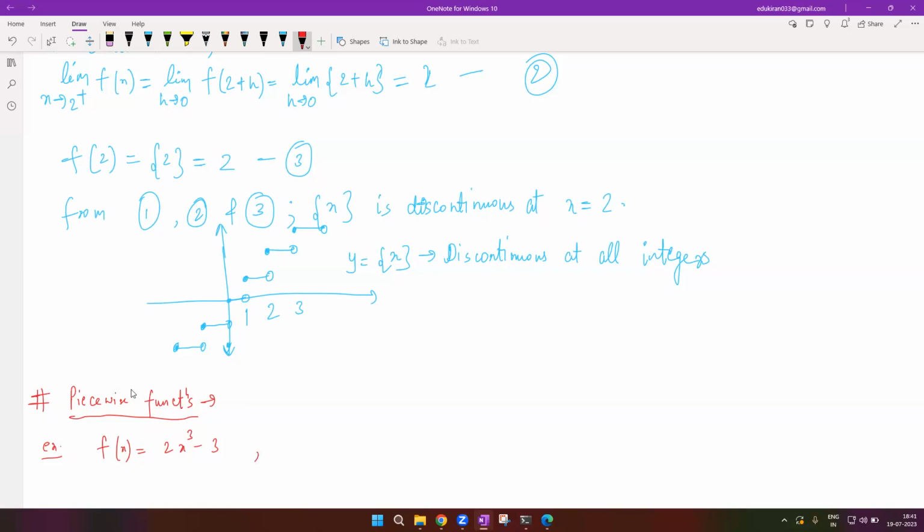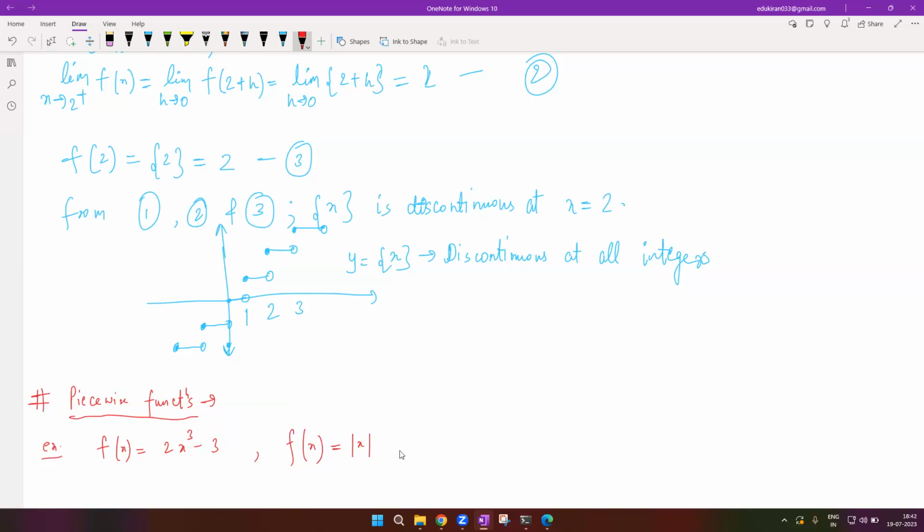Now, when I call a function piecewise, it means the function is defined with multiple expressions. For example, let's talk about the modulus function again. The modulus function was mod x, right? Right now, we can see that this is a simple function.